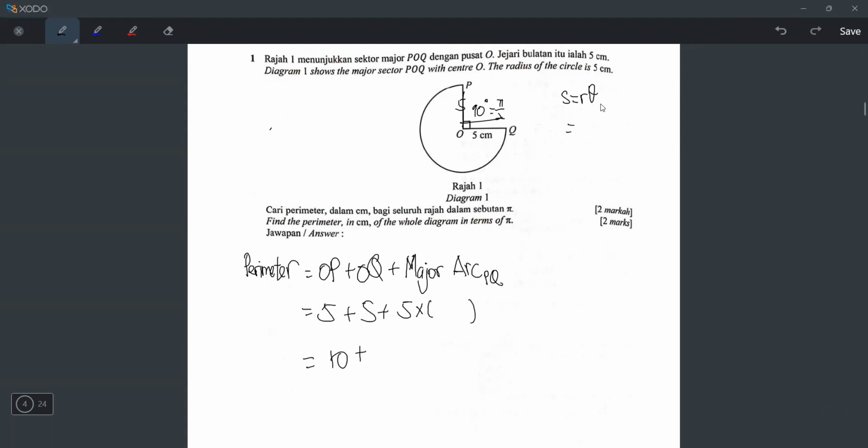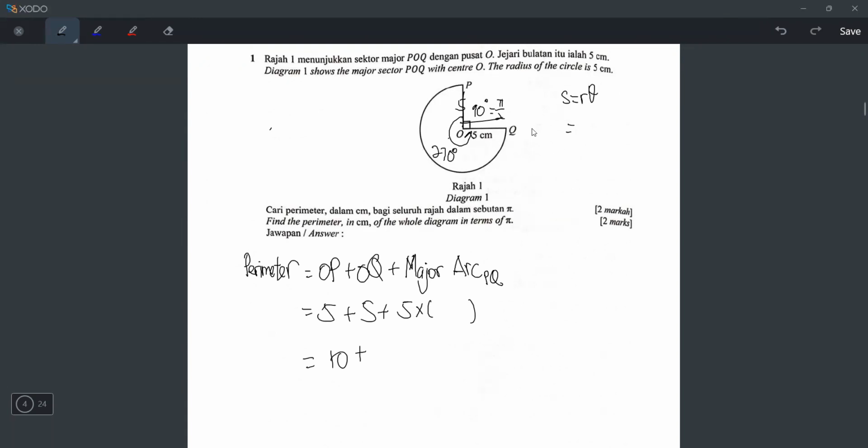The angle has to be in radian, but it's not pi over 2, because the arc I'm finding is here, right? So the angle I have to take from here also. So what is the angle here? We all know this is 90 degrees, so this one is 270, right? If you take 360 minus 90, it is 270. But 270 has to be changed to radian.